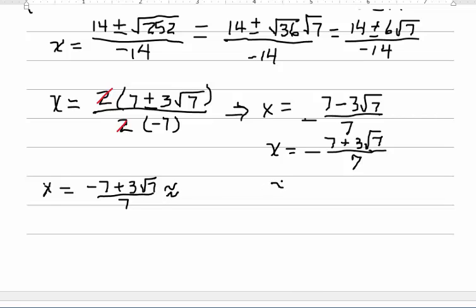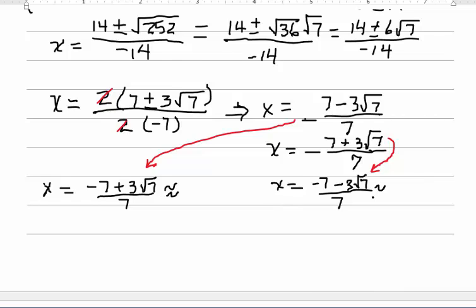Similarly, in this second expression, if I move that negative sign to the top, I not only multiply the 7 by the negative, but I also multiply the positive 3 square root 7 by the negative. Okay, so I just have to be a little bit careful with negative signs. So this is the result here, and this result is here.